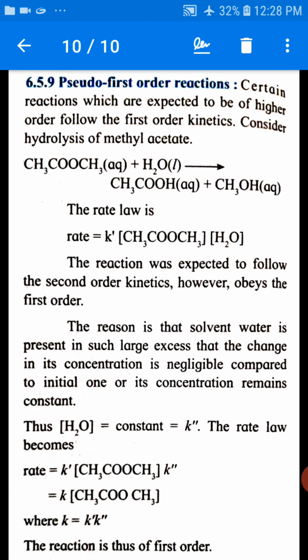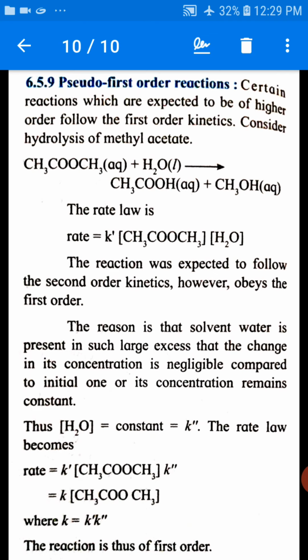Pseudo first order reaction. What are these reactions? The reactions which are expected to be of higher order follow the first order kinetics. Consider hydrolysis of methyl acetate, which is CH3COOCH3 aqueous plus H2O liquid gives CH3COOH aqueous plus CH3OH aqueous.